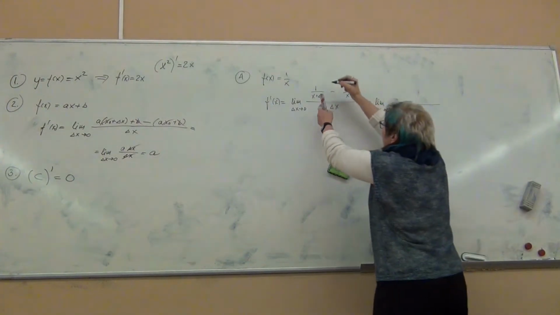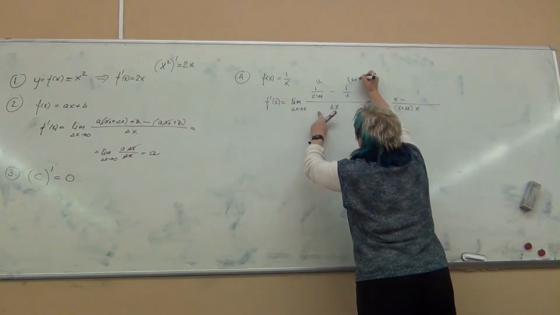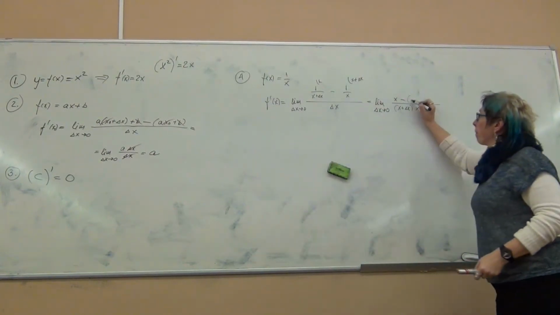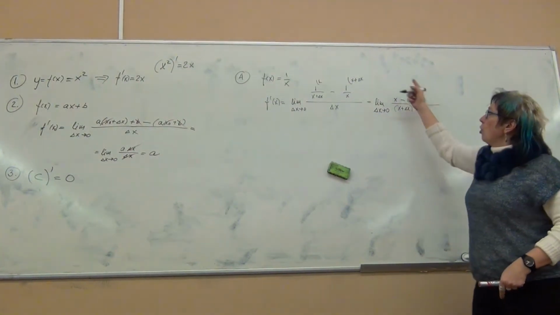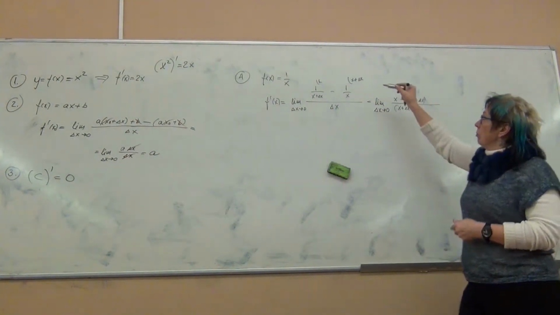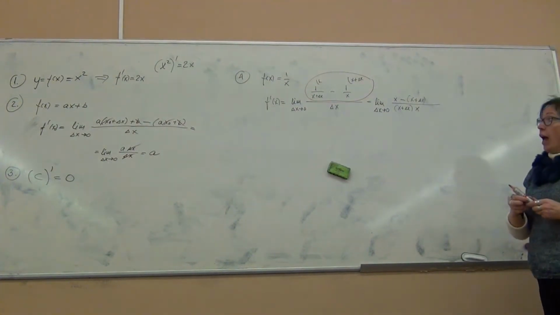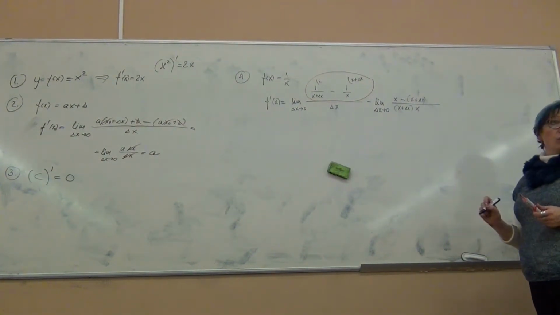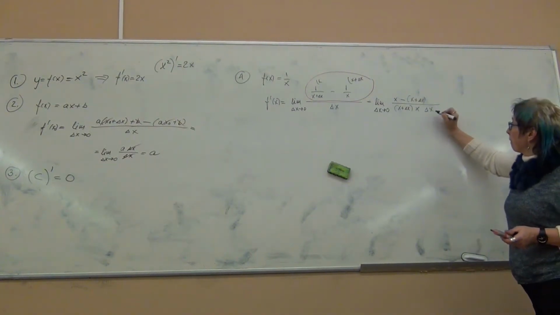So it would be multiplied by x minus multiplied by x plus delta x. And all this is this part. And to divide it all by delta x, of course, I write delta x in the denominator, down there.